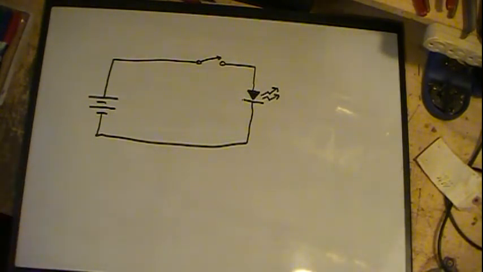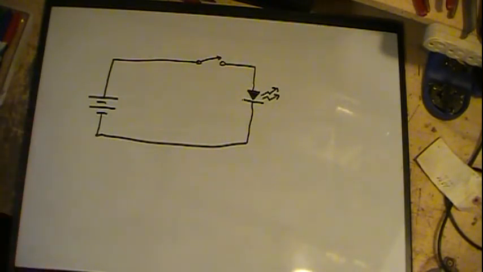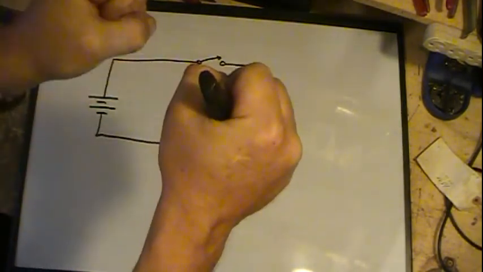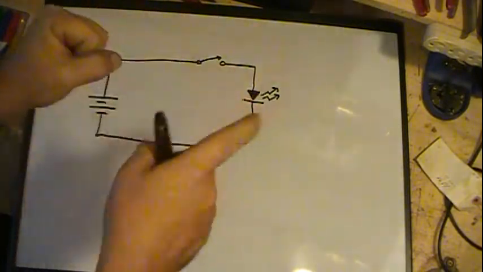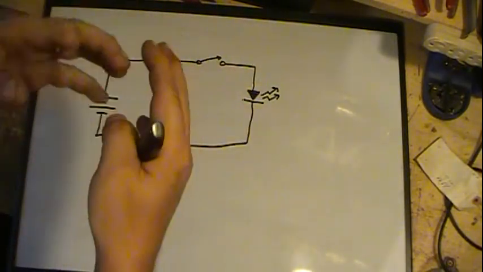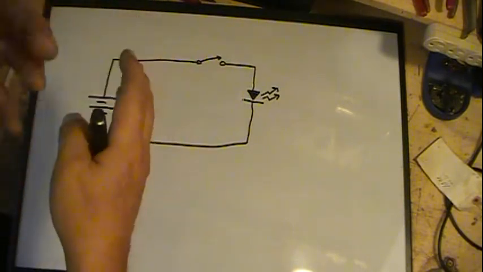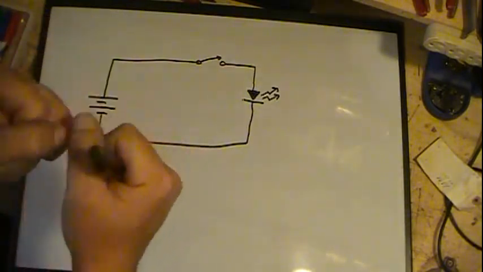Well, alright, let's look at a wire. A wire is a piece of metal that's solid. Anything solid is in some form of crystal structure. The atoms are situated like one here and one here, and then maybe one down here and one down here. It may be in a cube, it may be in some sort of pyramid shape, or maybe in various different shapes, but they're in a crystal.